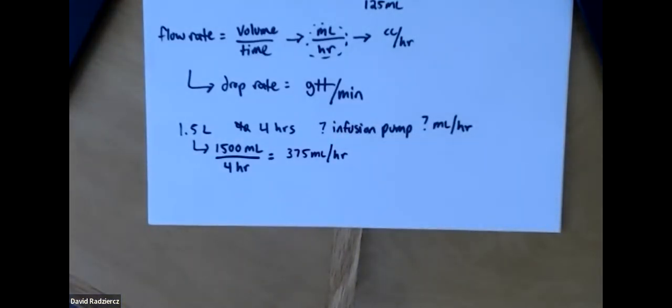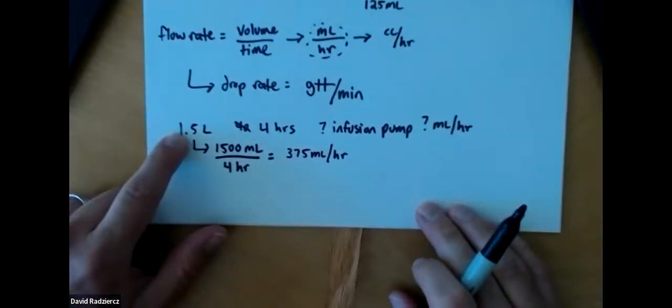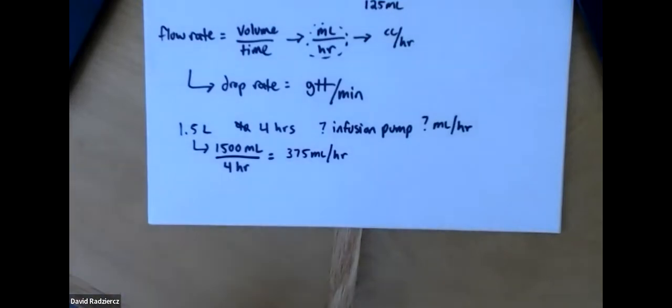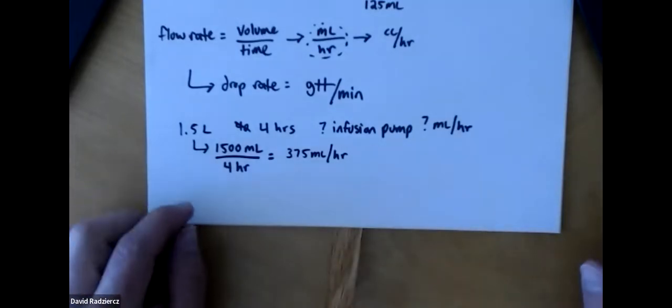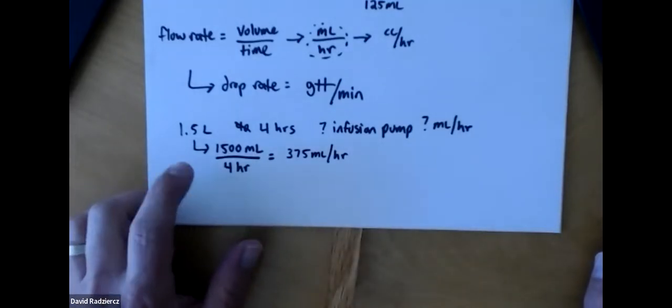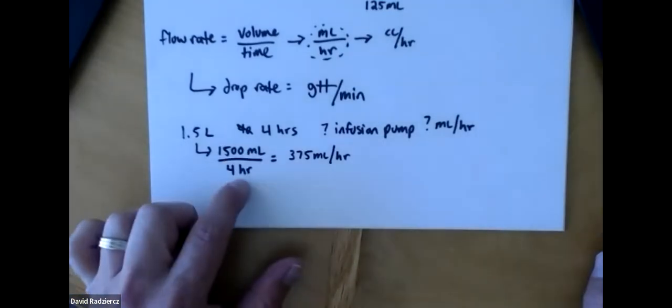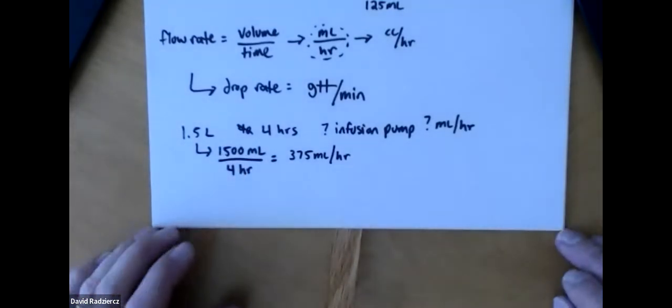There's no additional math to do. The problem could even say it's 1.5 liters of a solution that contains 450 milligrams of a medication. That doesn't matter, because what we're looking for clinically is the rate, volume over time, milliliters per hour.